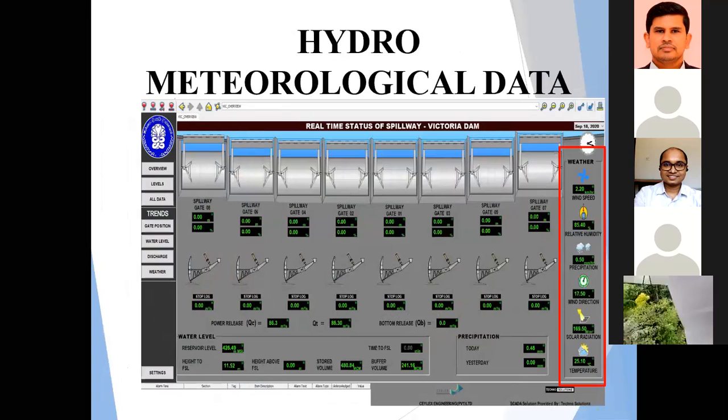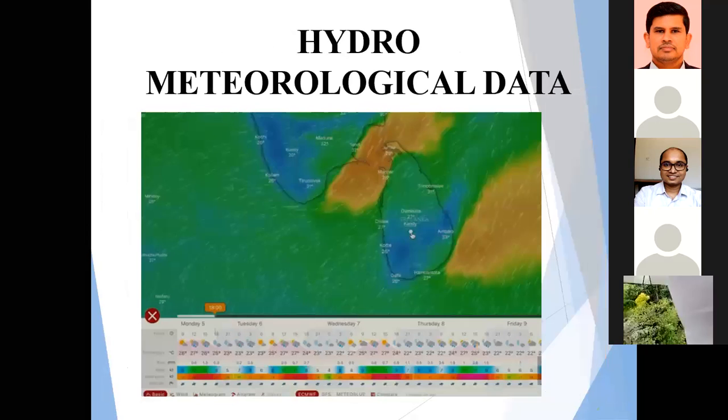From that, we can get weather data: wind speed, relative humidity, precipitation, wind direction, solar radiation, and temperature, as you can see here. And we have another portal in the Dam Control Center in Kolgola, so we can predict how the rainfall will be in future, so we can take actions.